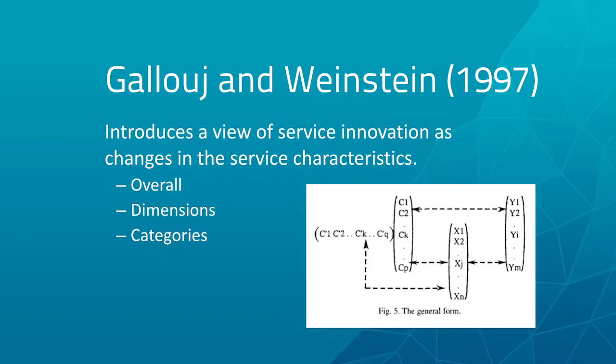We will only look into what their results actually are. And what they do is that they introduce an overall view of what a service innovation is. They identify different dimensions of service innovation, and they provide specific categories of what a service innovation is. And today I think we should focus on the categories.